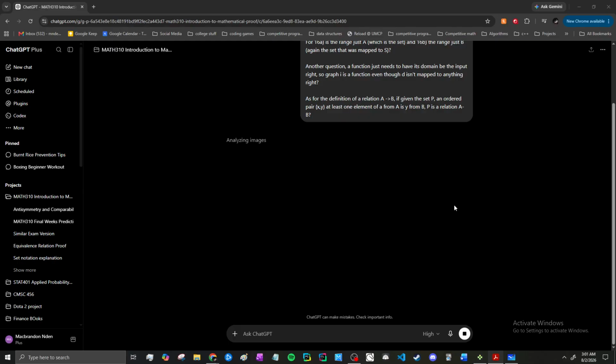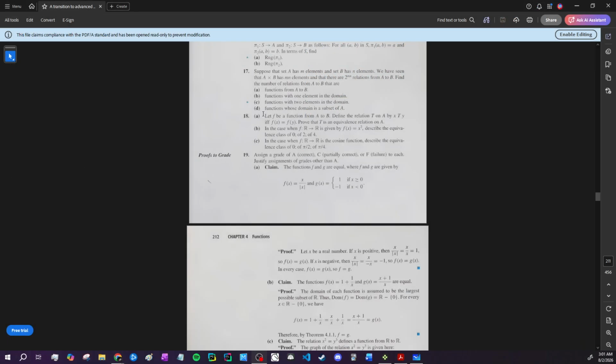So, just for this thing to finish loading, you can go here and see: let f be a function from A to B, right? I'm writing it down on a different set, just for us to read. Let f be a function, I'm just writing inputs, remember?